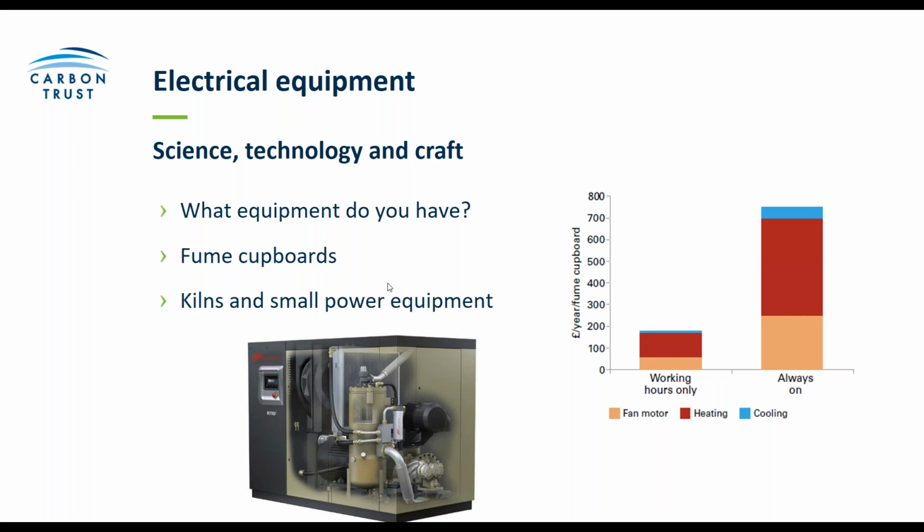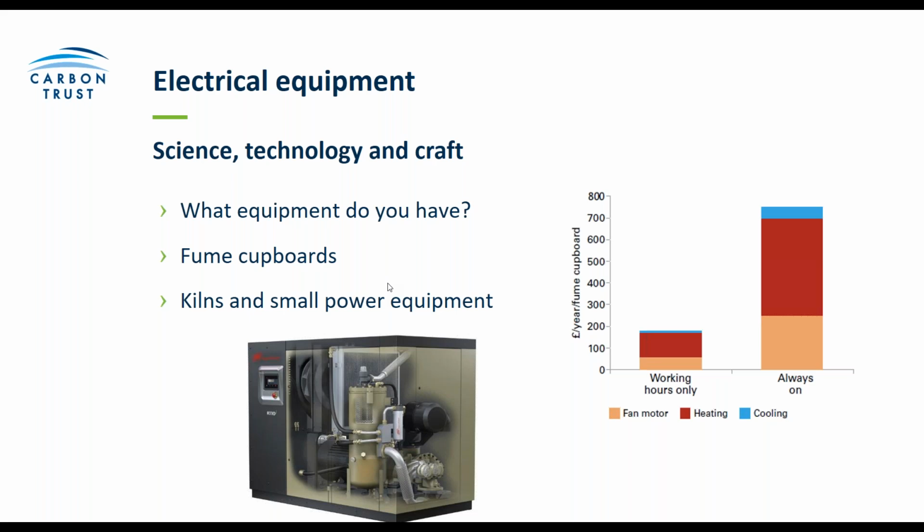And then within that equipment, there will usually be a few things that are fairly energy intensive, just on their own. So fume cupboards, for example, would be one of those in science labs. And so they tend to be something to look at on their own.